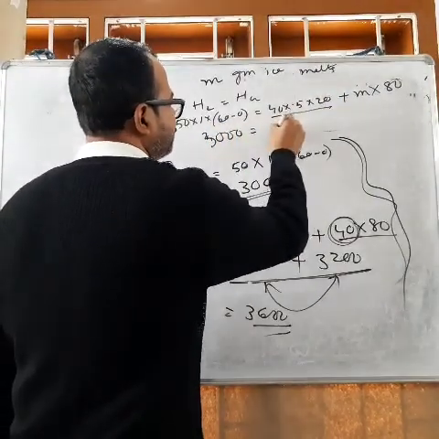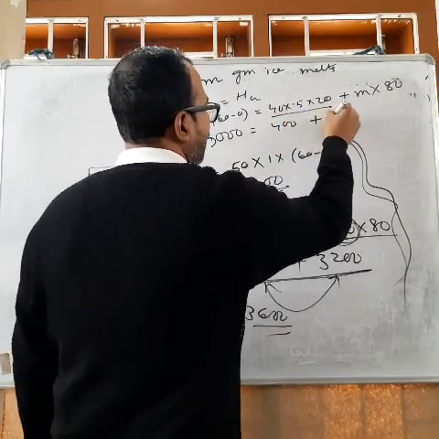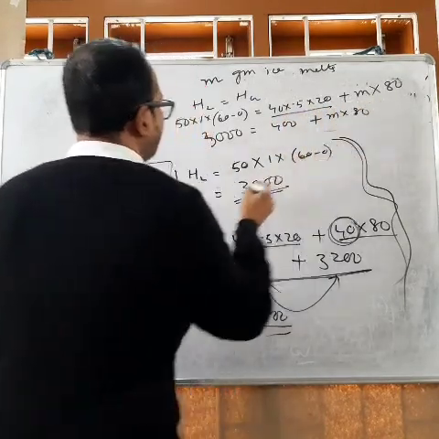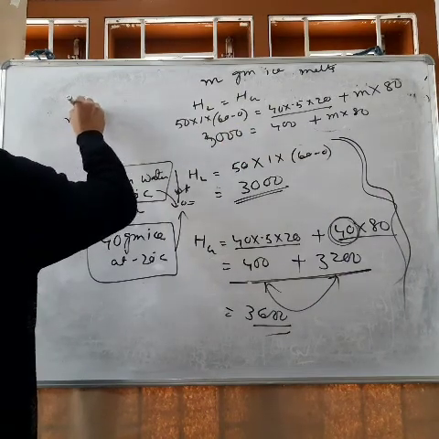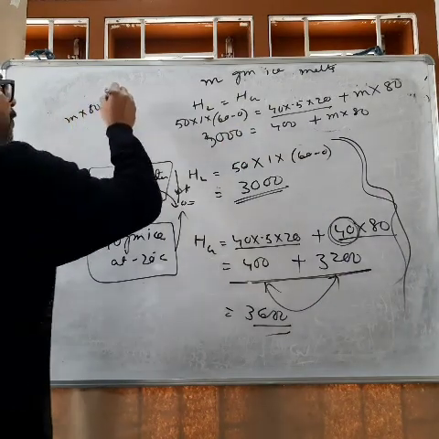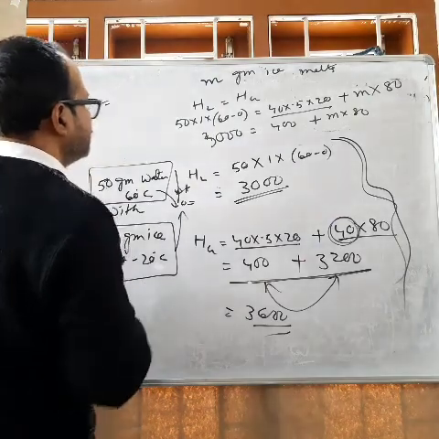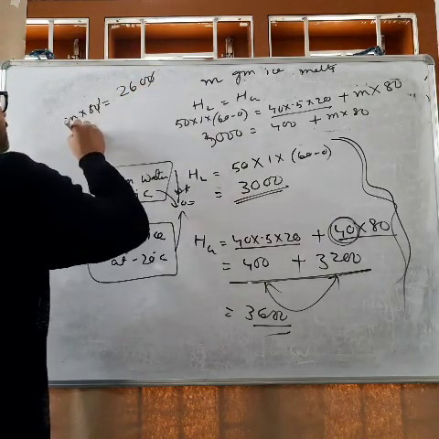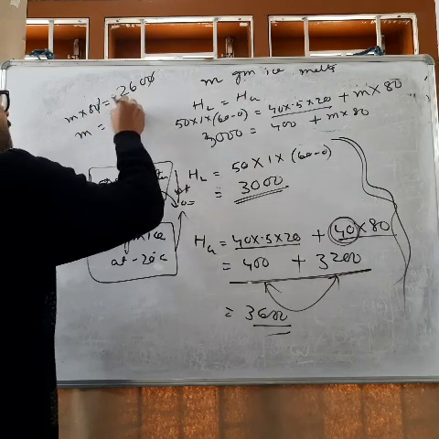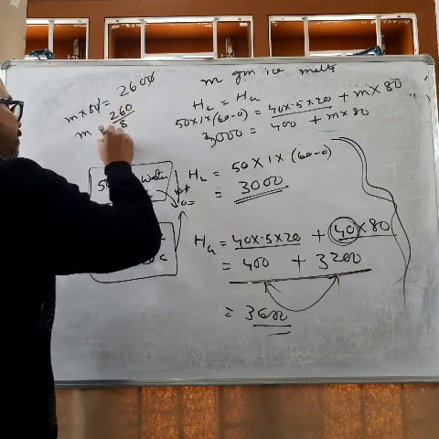This multiplication gives us 400, m into 80. So after calculation, m into 80 equal to 3000 minus 400 is 2600. Zero goes cancel. m equal to 260 by 8.